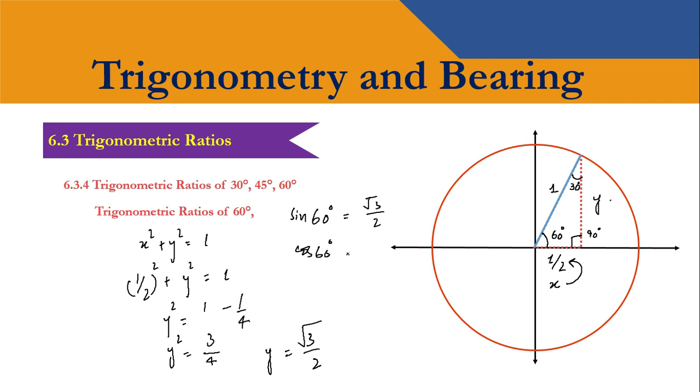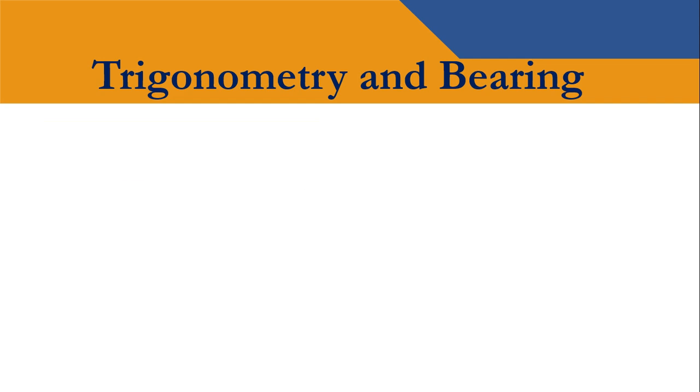Similarly, you can calculate cos 60 degrees, which is equal to 1 by 2, and you can calculate tan 60 degrees, which is equal to y divided by x, and it will be equal to root 3. The remaining three ratios you can calculate, and it will be your assignment.